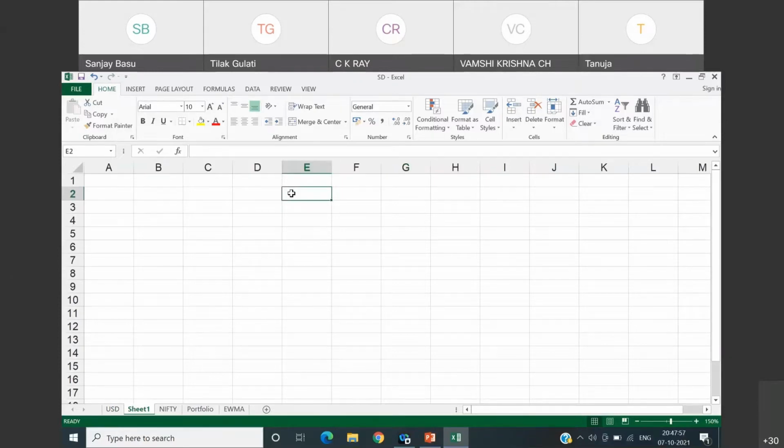Suppose I'm in FX and I want to calculate changes in, say, Mexican peso, rupee by peso.